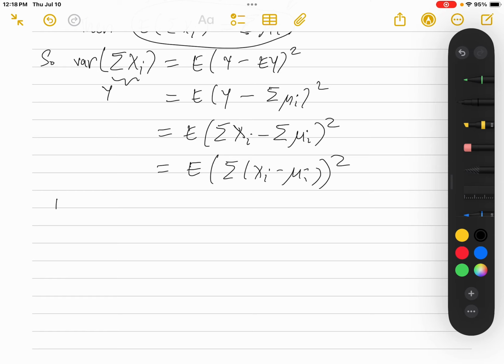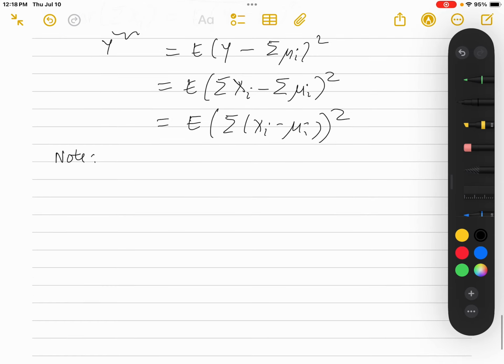And note that when you have a sum of ai's from i equals 1 to n and you square it, so this is a1 plus dot dot dot plus an, squared, this can be rewritten as the sum from i equals 1 to n, sum j equals 1 to n, of ai aj.